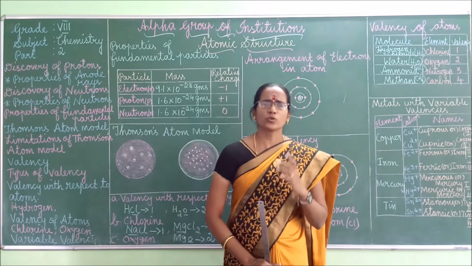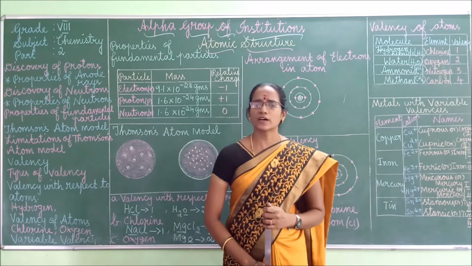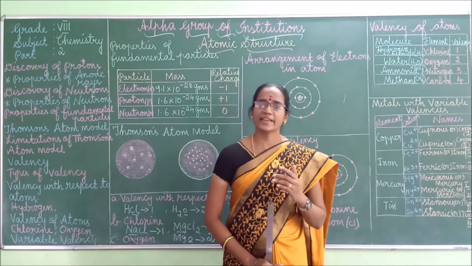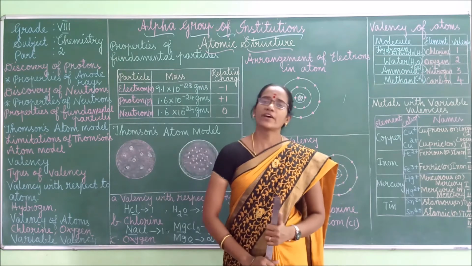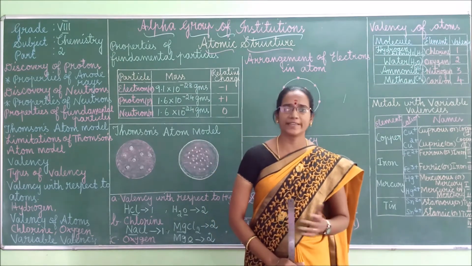Protons, as you might have learned in your lower classes, are positively charged particles. Electrons are negatively charged particles, whereas neutrons have no charge, that is, they are neutral in nature.